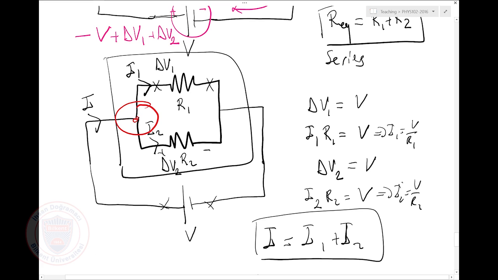If current is coming, it must split into two arms. So I said, if I look at the current coming into this node, I is coming in, minus I1 is coming in, which means I1 is going out, minus I2 is coming in, which means I2 is going out. They all add up to 0.